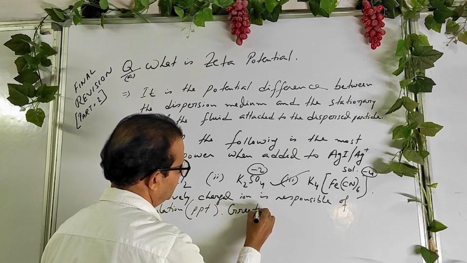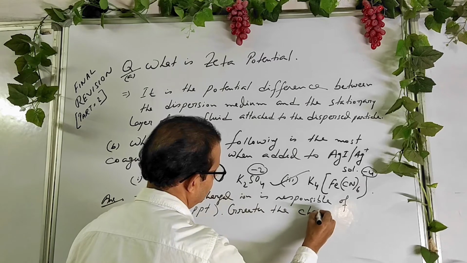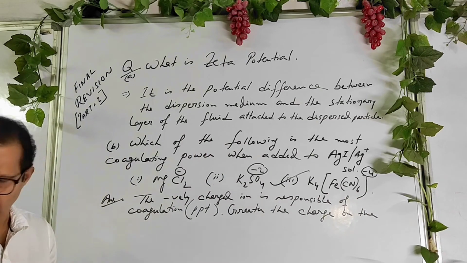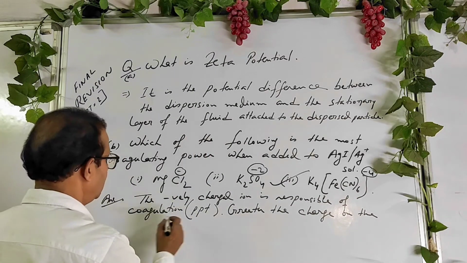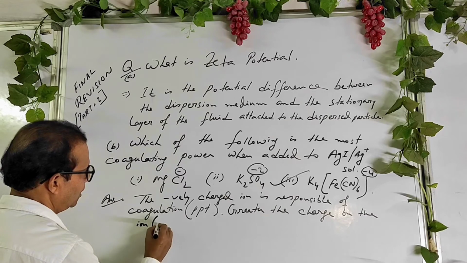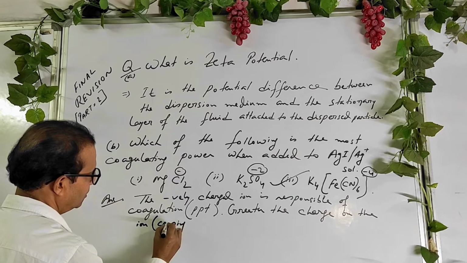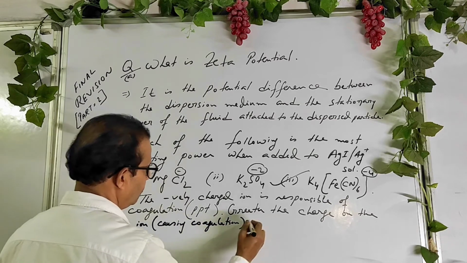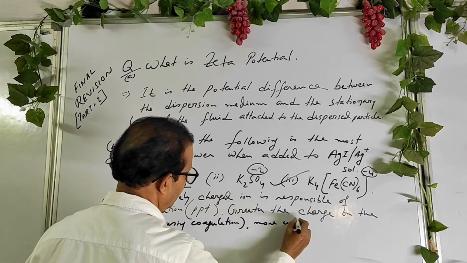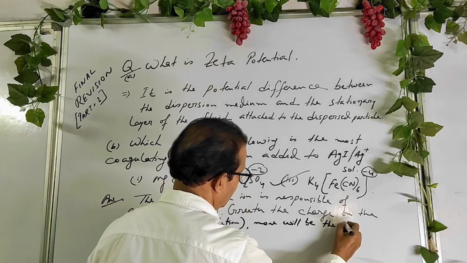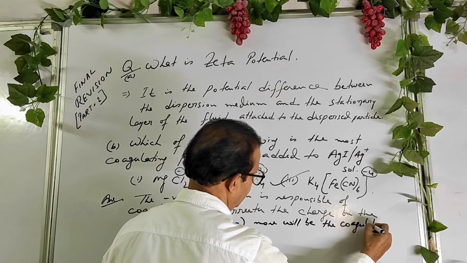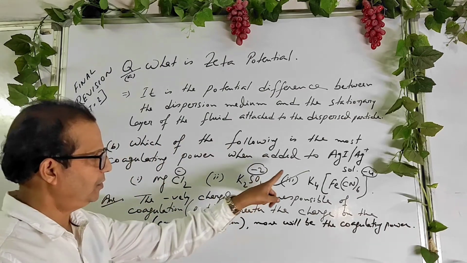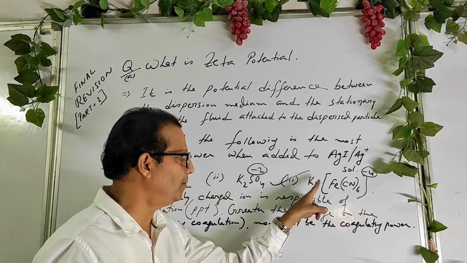Greater the charge on the ions that are causing coagulation, more will be the coagulating power. So it has the highest coagulating power.